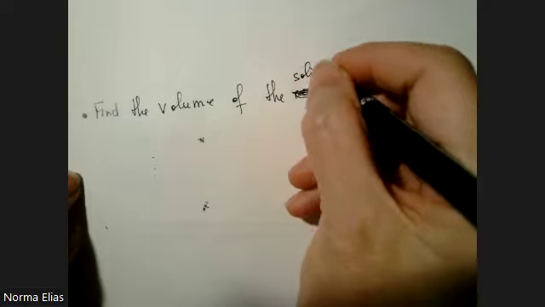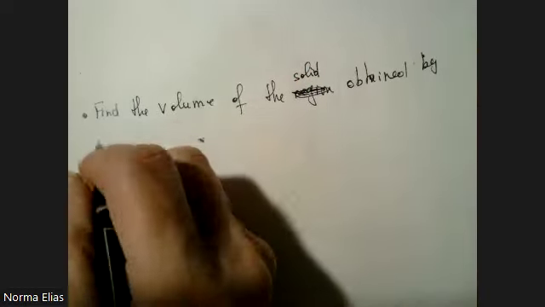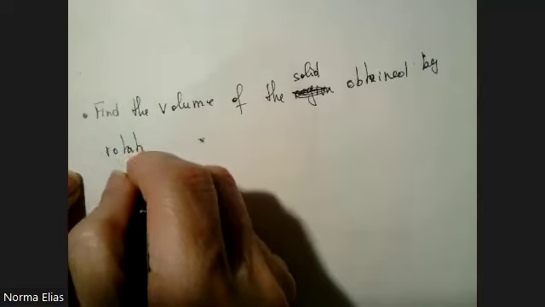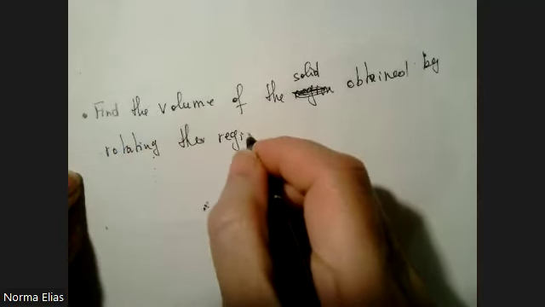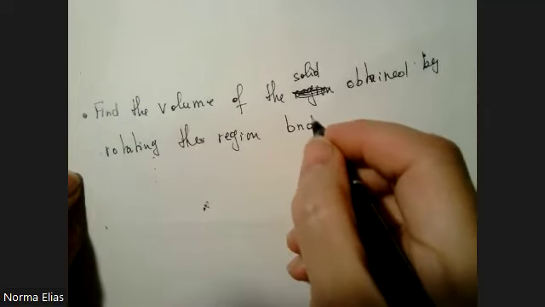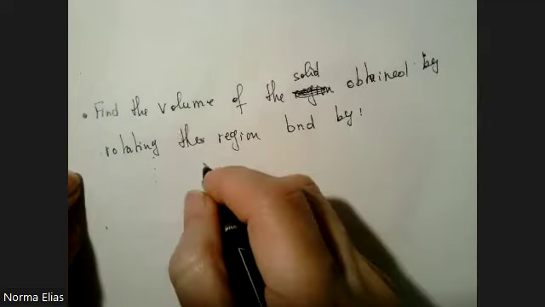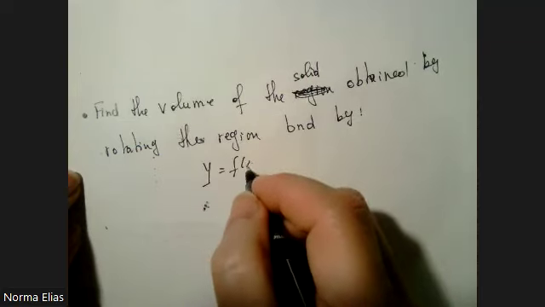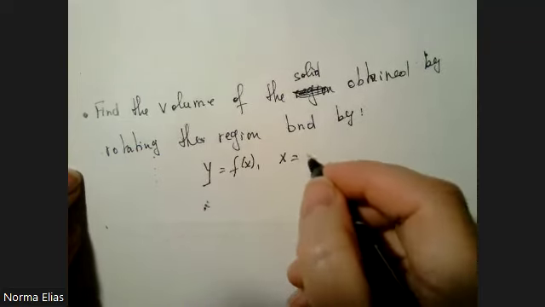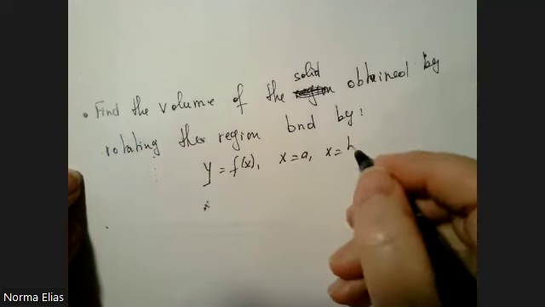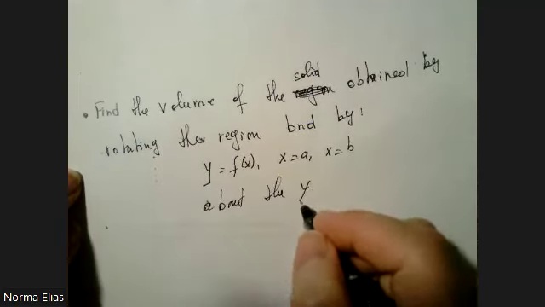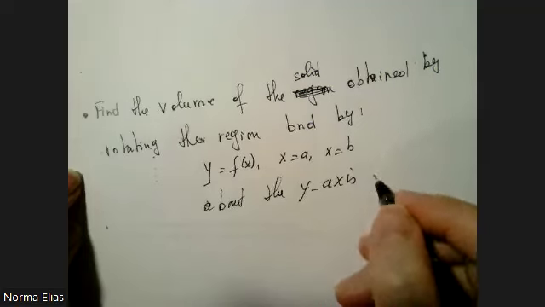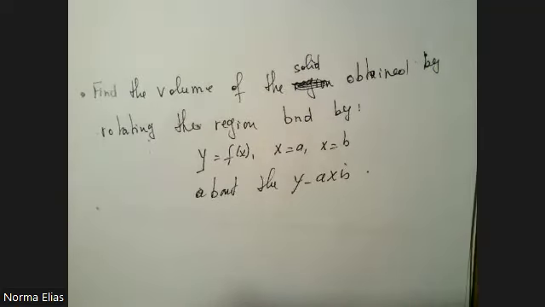Find the volume of the solid obtained by rotating the region bounded by y equals f of x, x equals a, x equals b, about the y-axis. And we're going to use this new approach, what we will call the shell method.